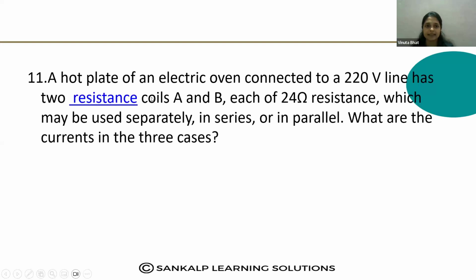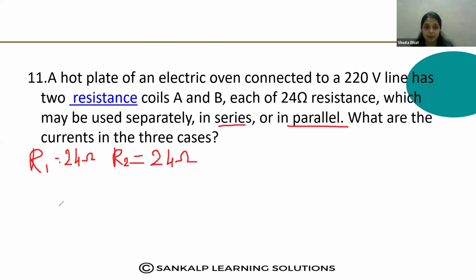So here I will take R1 is equal to 24 ohm. R2 is equal to 24 ohm. Okay. Here, what is the current when they are connected in series, when they are connected in parallel, when they are connected separately?